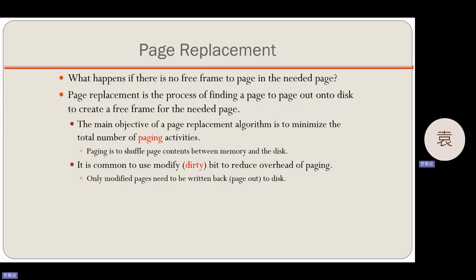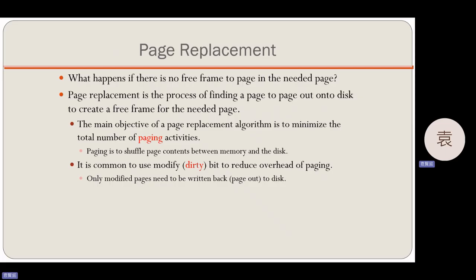So this kind of process we call page replacement. It's formally defined as the process of finding a page to page out to the disk, creating a free frame for the needed page.